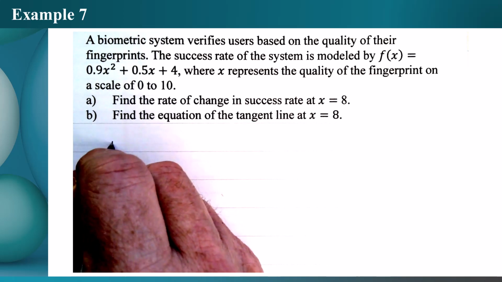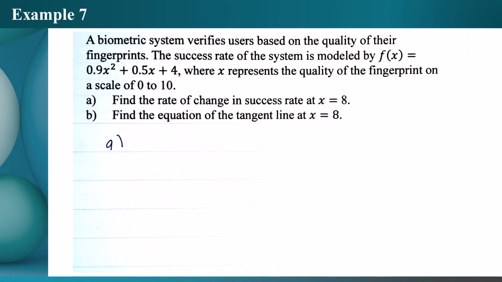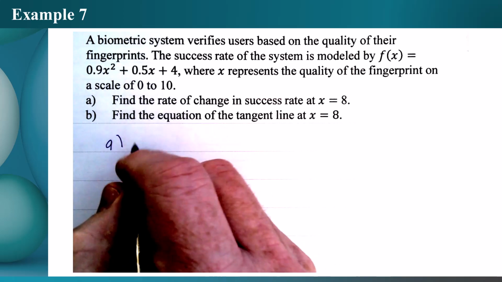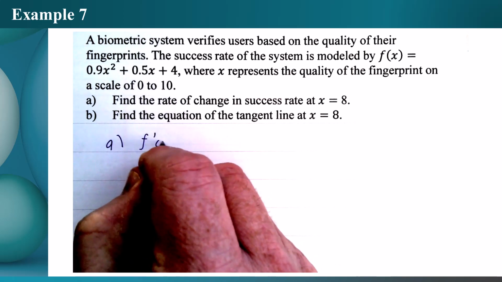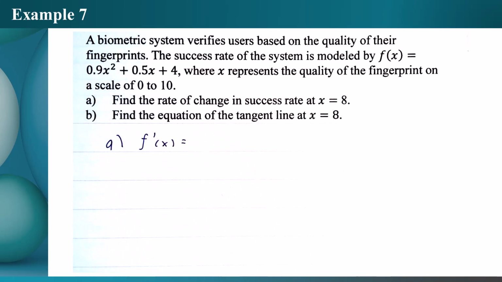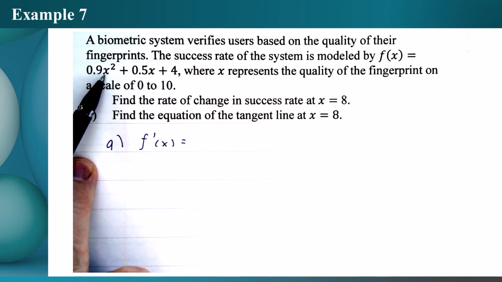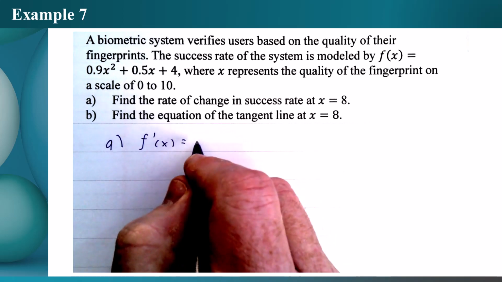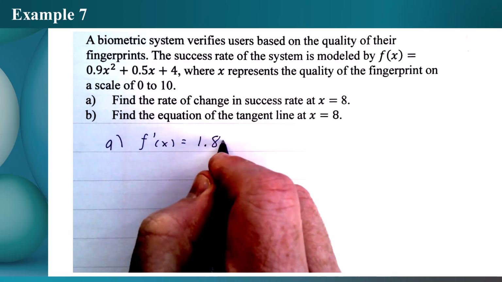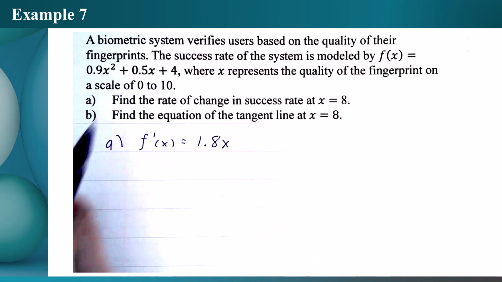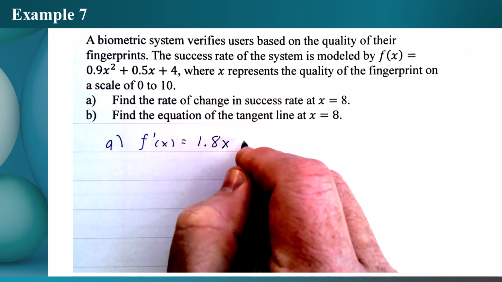Well, for part A, all we're doing is finding the derivative and plugging in x equals 8. So let's find the derivative. We have f prime of x is equal to, now we have 0.9x squared, and when we take the derivative here, the 2 will come out in front. Looks like that gives us 1.8x, and from 0.5x, we just get 0.5.